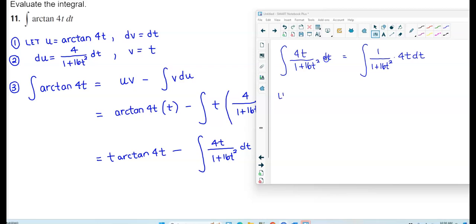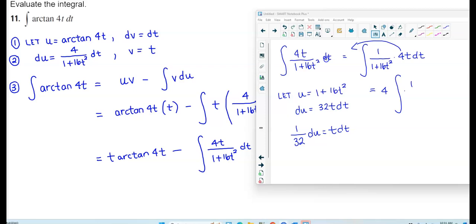Okay, so let's let u equal 1 plus 16t squared. Take the derivative of both sides, we get 32t dt. So divide both sides by 32, and we have 1 over 32 du, which is equal to t dt. So what that means is we need to factor out the 4.